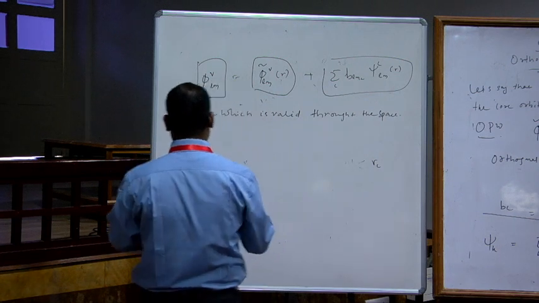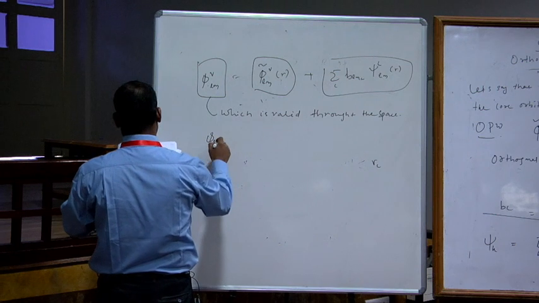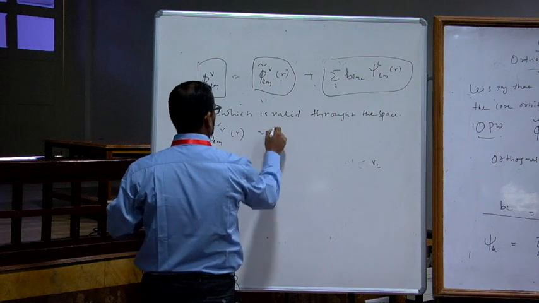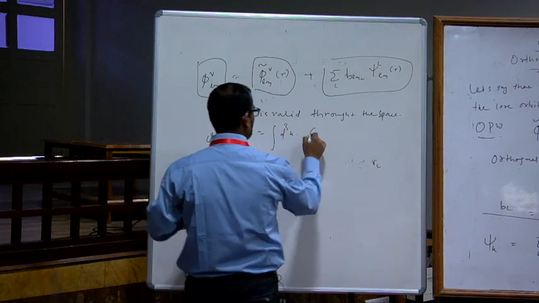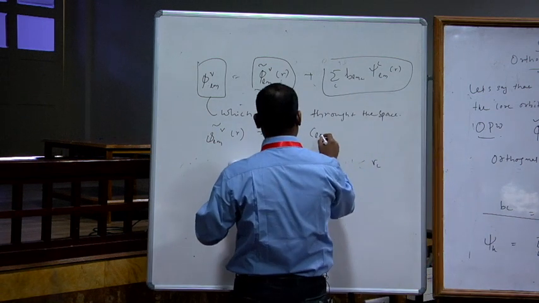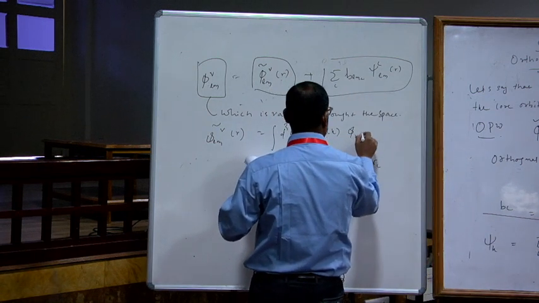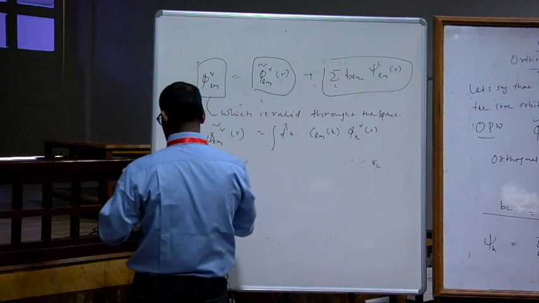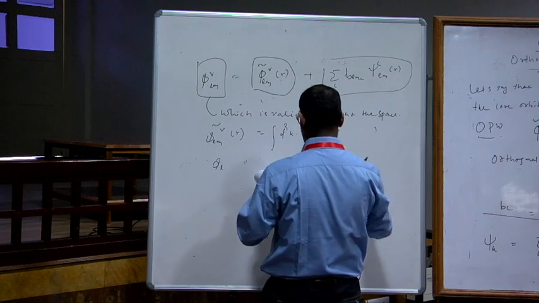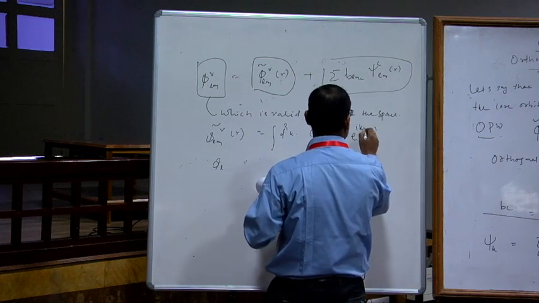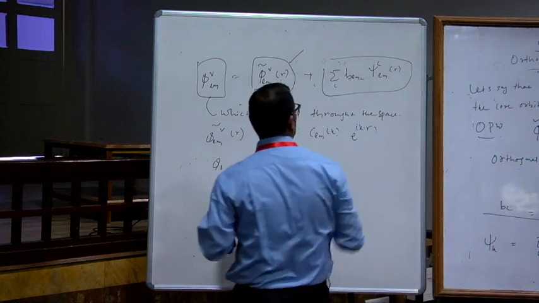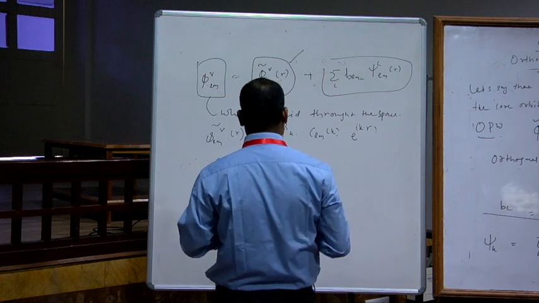I can rewrite my phi L M d r as an integral d k of some coefficients c L M, k, phi k d r, and phi, sorry, e to the power i k dot r, because if you look at it, this component more or less contributes to the first component of the wave function.